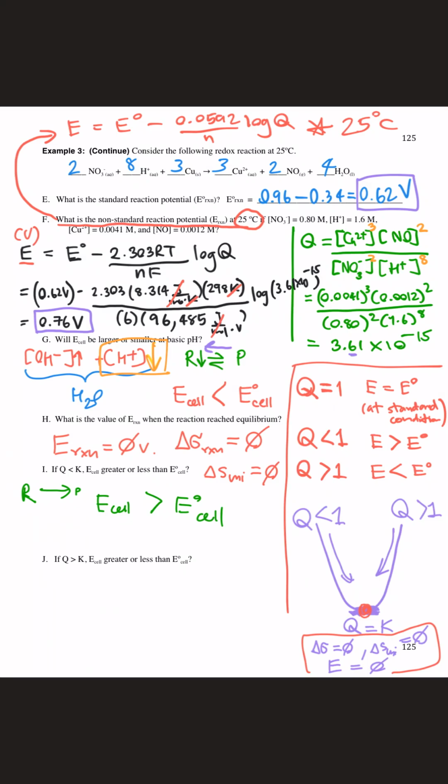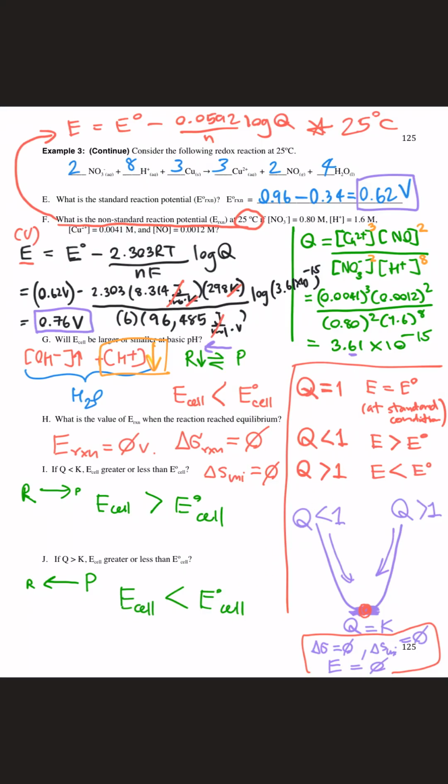On the other hand, when Q is greater than K, it indicates that at this point you have less of the reactant but more of the product. Therefore, the reaction would shift from product to reactant in order to reach equilibrium again. In this case, the E value at non-standard conditions will be less than the E cell at standard conditions, which is identical to what we determined earlier.